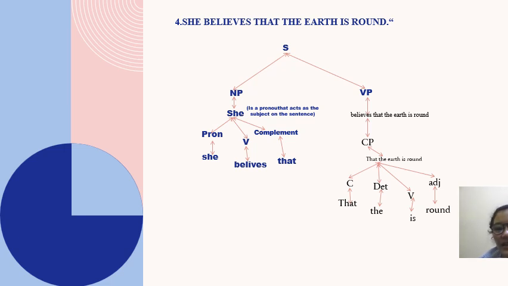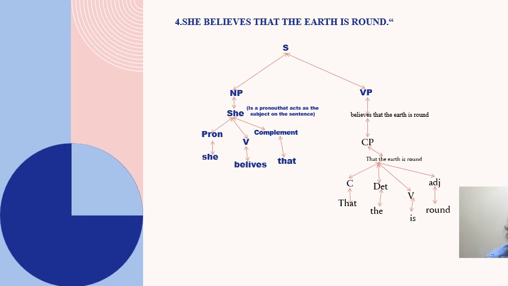We're going to the left. We divide it into the verb phrase. The verb phrase here is believes that the earth is round. We divide it again into the complement phrase. The complement phrase here is that the earth is round. We divide again into several parts.